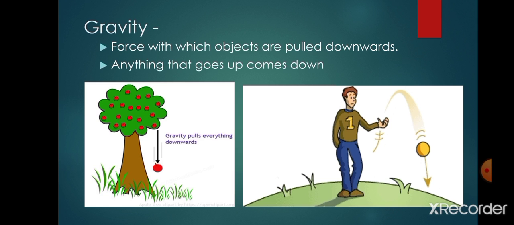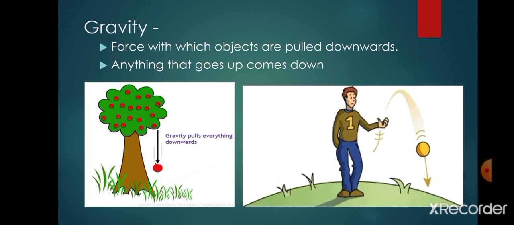Gravity. What is gravity? Gravity is the force with which objects are pulled downwards towards the center of the earth. For example, in the two pictures I've given here, one shows a ripened apple falling from the tree. Due to the force of gravity, the apple falls down.